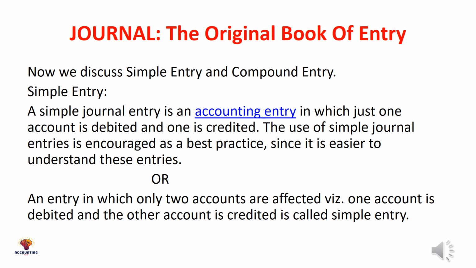The entry will be passed as furniture account will be debited with 5000 rupees and Salman will be credited with 5000, and a narration is written below: being furniture bought on credit. Actually this transaction is on credit basis. The entry in which only one account is debited and another account is credited is known as simple entry.